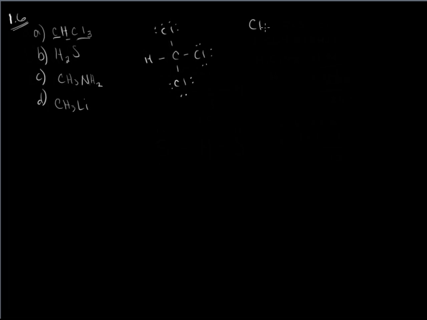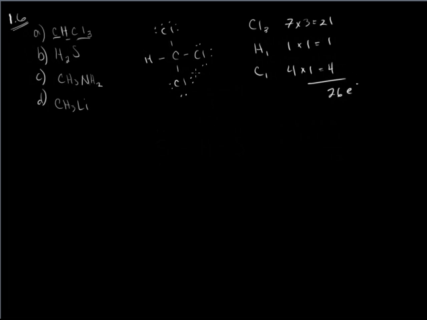We have 3 chlorides. Each chloride is worth 7 valence electrons. That gives us 21 total. We have 1 hydrogen. Each hydrogen is worth 1 valence. That's 1. And we have 1 carbon. Each carbon gives us 4 valence, and that's good for 4. So we've got 22 plus 4, 26 total valence electrons.